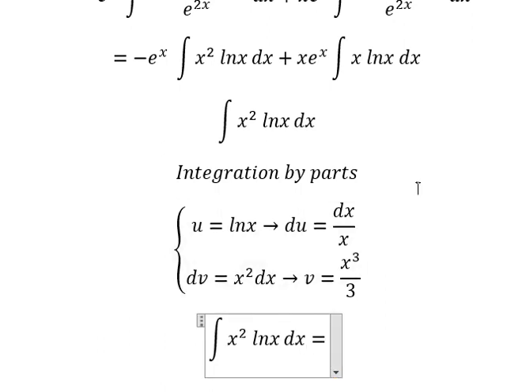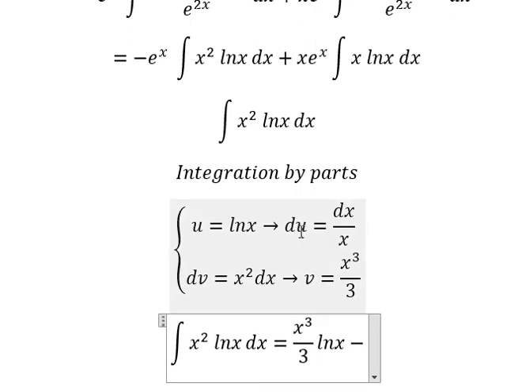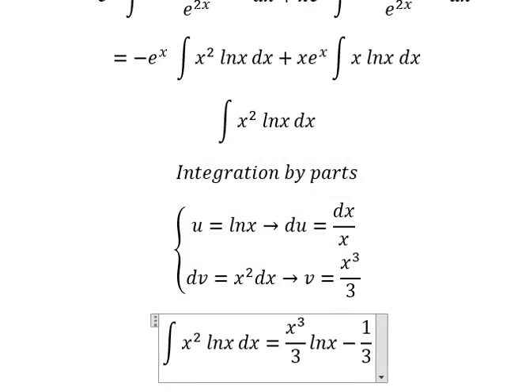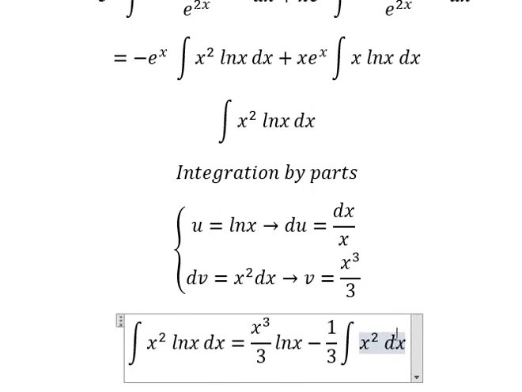So we have u multiplied by v minus the integration of v multiplied by du. So we have 1 over 3 and we have the integration of s squared over 2. Oh sorry, s squared ds.